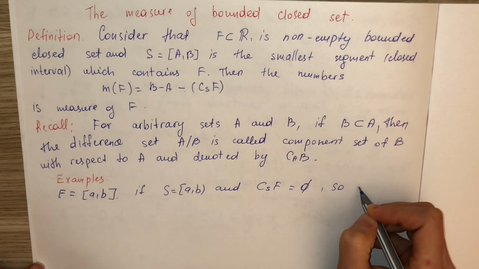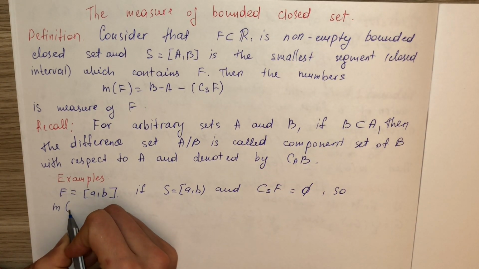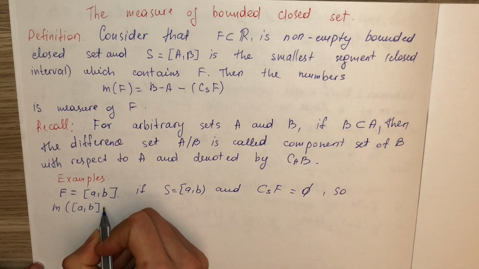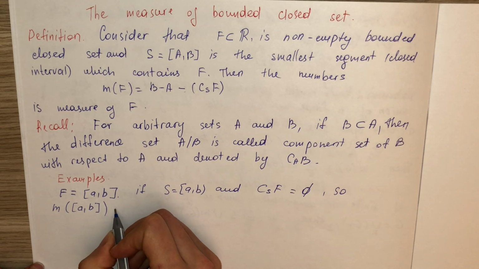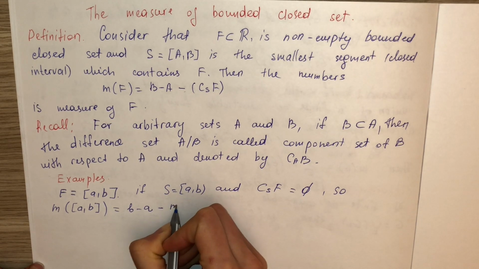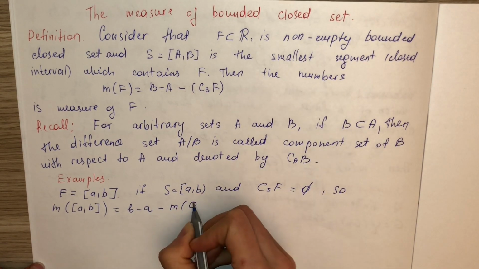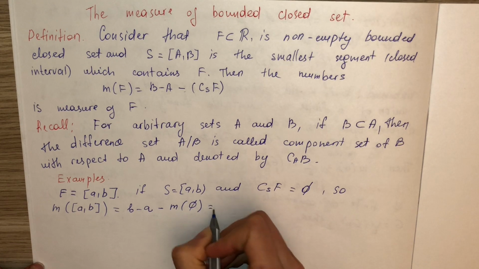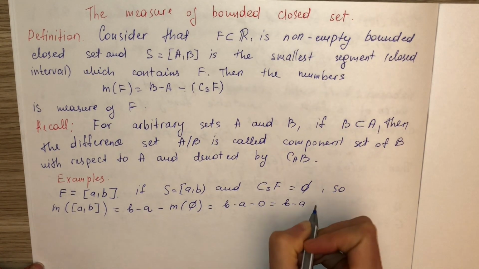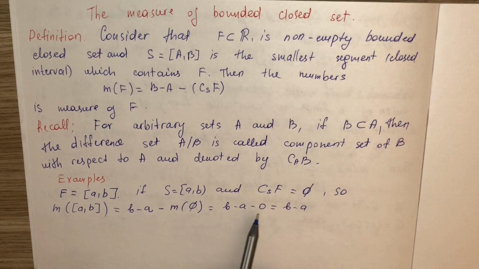So the measure of [a,b], which means the measure of any closed interval, is equal to b minus a minus the measure of the empty set, and this is equal to b minus a. It means that the measure of a closed interval is equal to its length, b minus a.